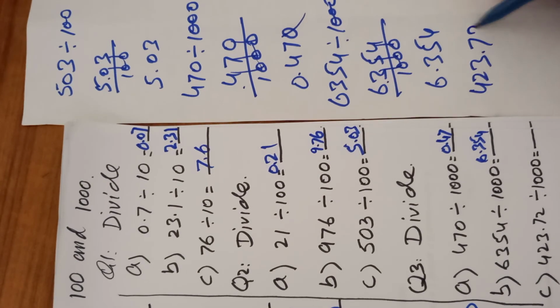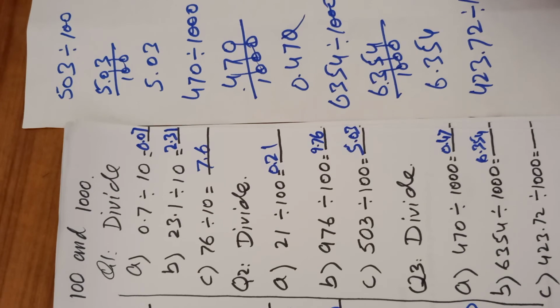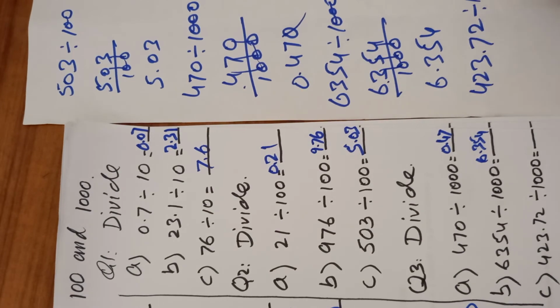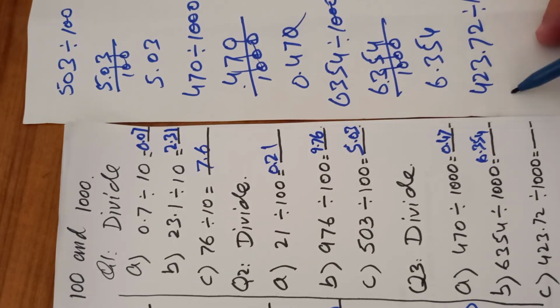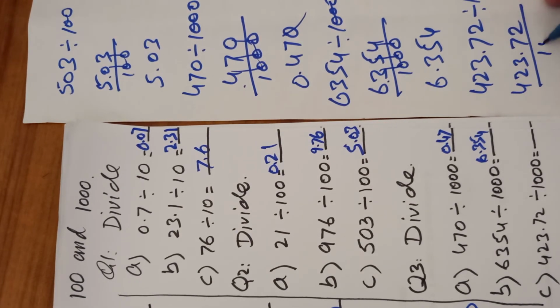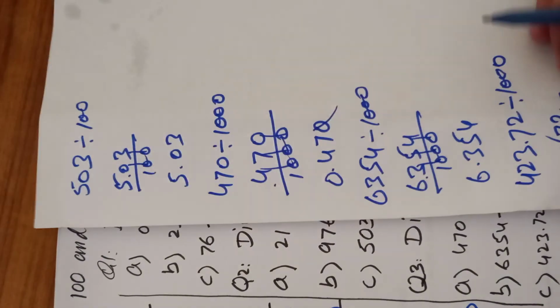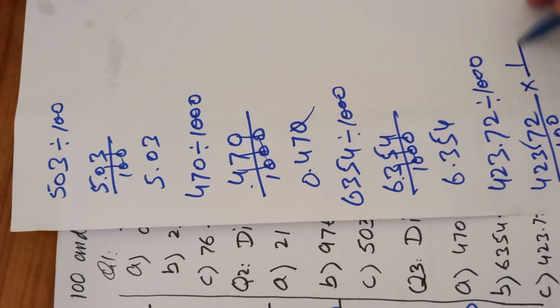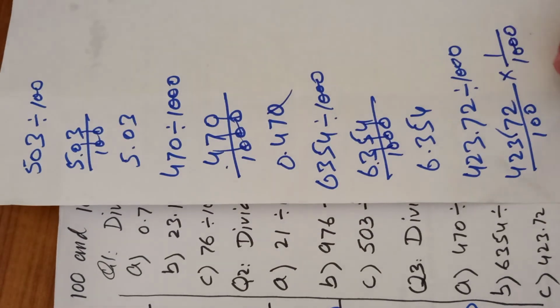The last part of this question is divide by 1000. So we will write them. First of all, get rid of the decimal. And the reciprocal of division is multiplication, 1 by 1000.